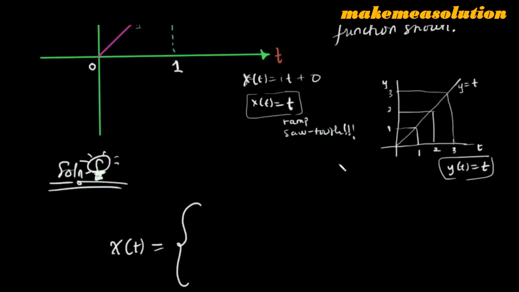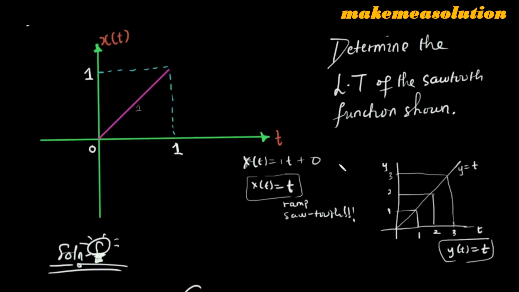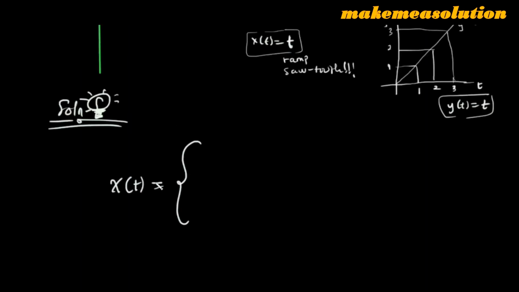So the function behaves in two ways. From 0 to 1, the function is a ramp function. As you can see, from 0 to 1 it is a ramp function, so defining x of t, I'll have t. The value of x of t is t for values of t between 0 and 1.